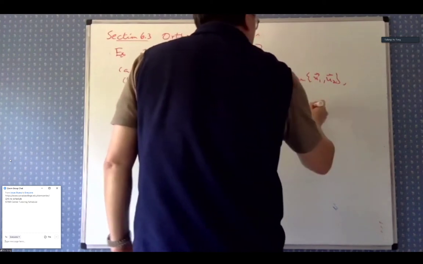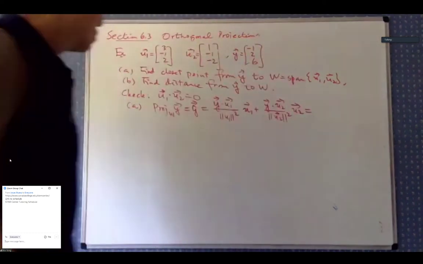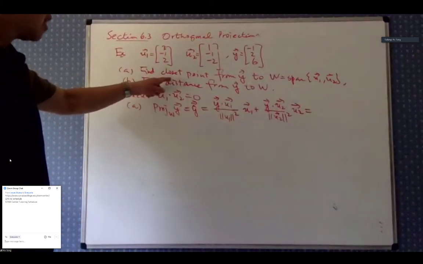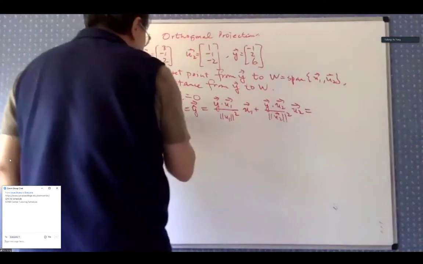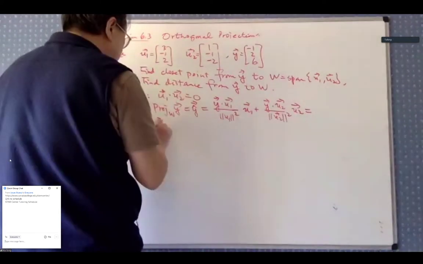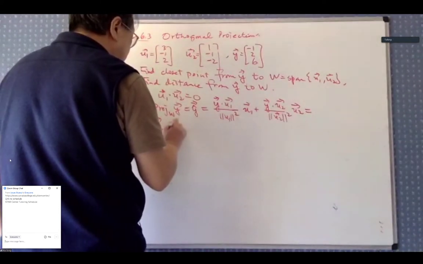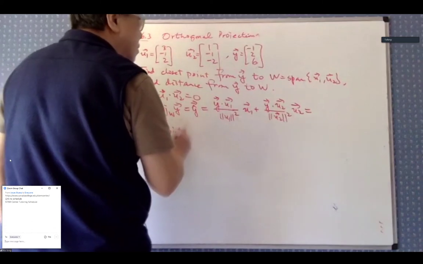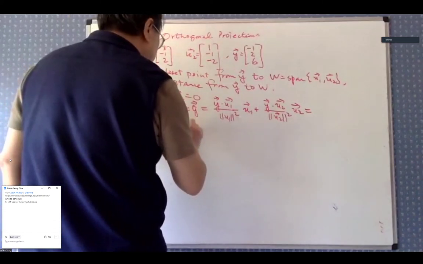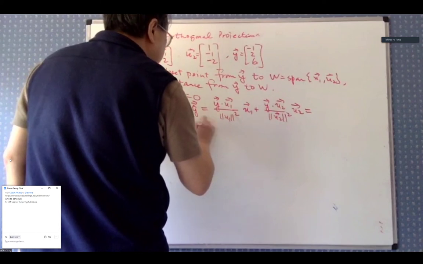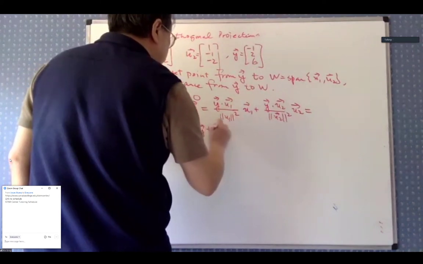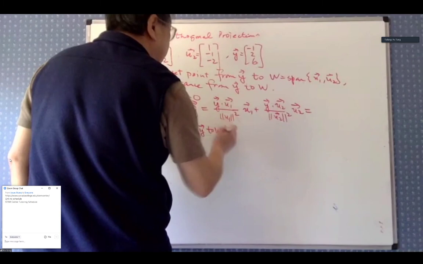And that's the projection. That is the closest point in W. You just need to plug it in and then compute it.